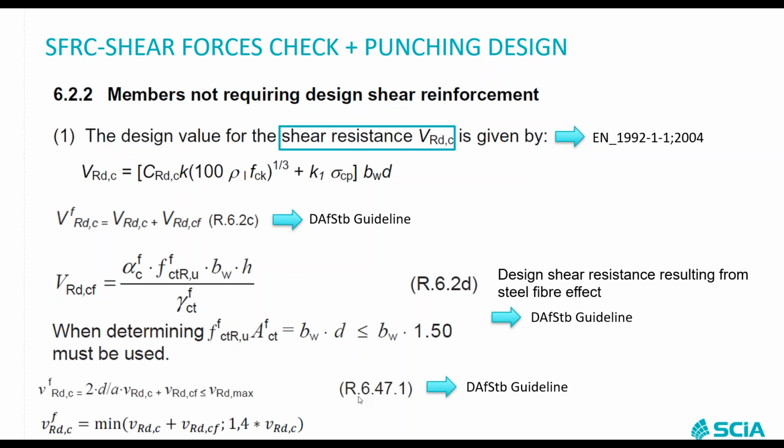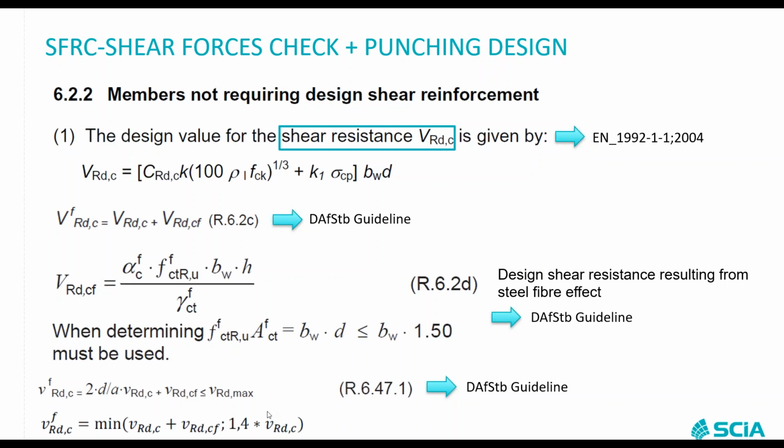And finally, this is the explanation also about how we can calculate the shear stresses around the column at the first control parameter and at the face of the column, U0, U1, as you are familiar.